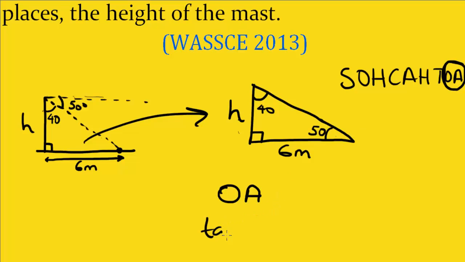So if I take the tan of 50 degrees, you know that tan 50 must be the length of the opposite side, h, divided by the length of the adjacent side, 6.